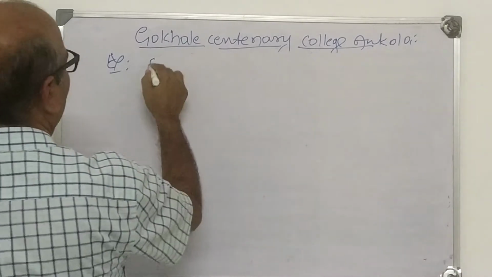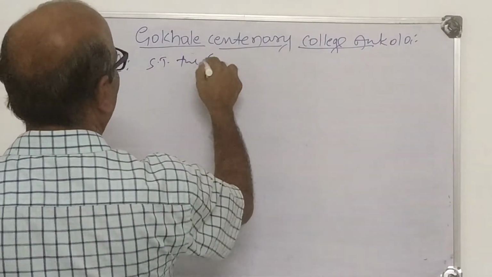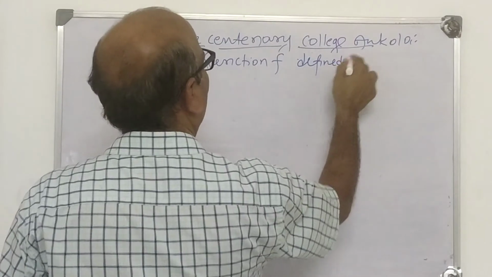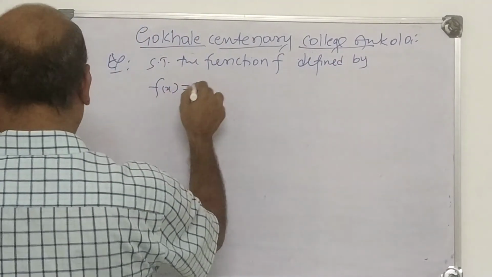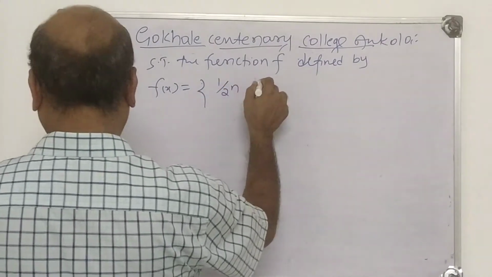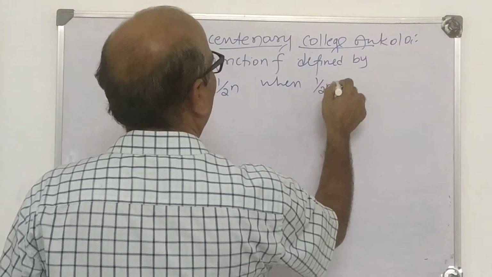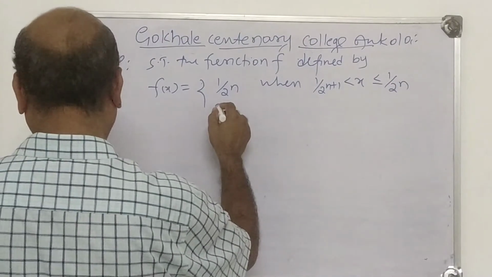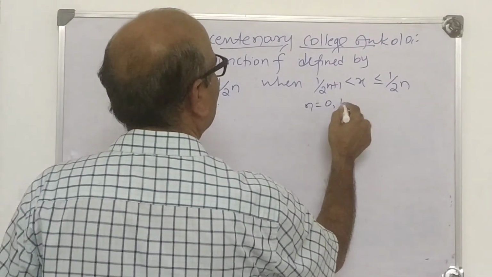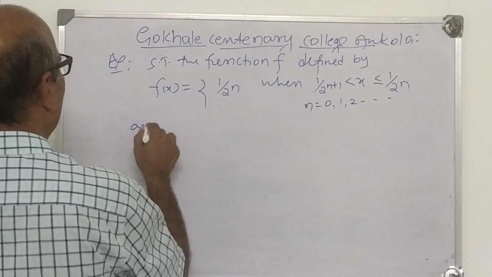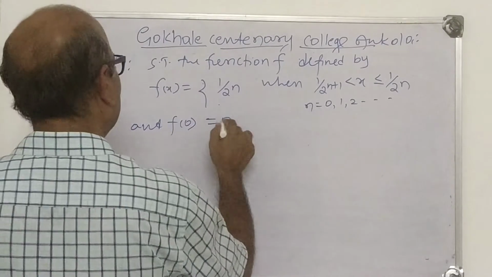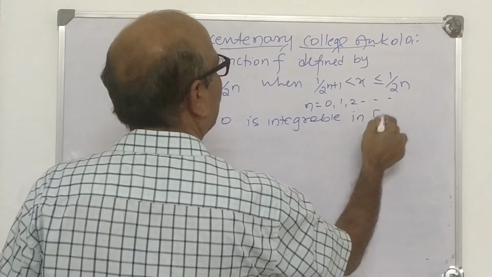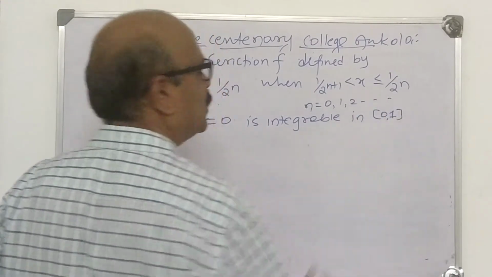Show that the function f defined by f of x is 1 upon 2 raised to n when 1 upon 2 raised to n plus 1 is less than x less than or equal to 1 upon 2 raised to n, where n is 0, 1, 2, 3, and so on, and f of 0 is 0, is integrable in the interval [0, 1].